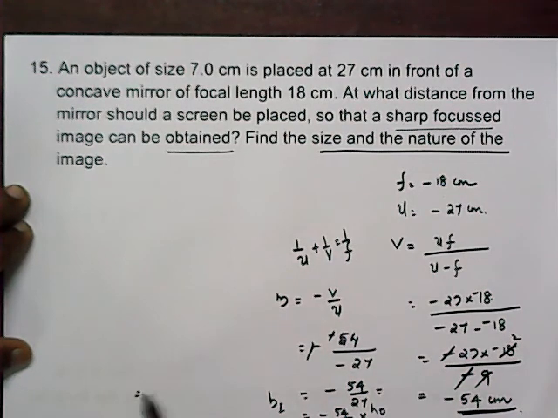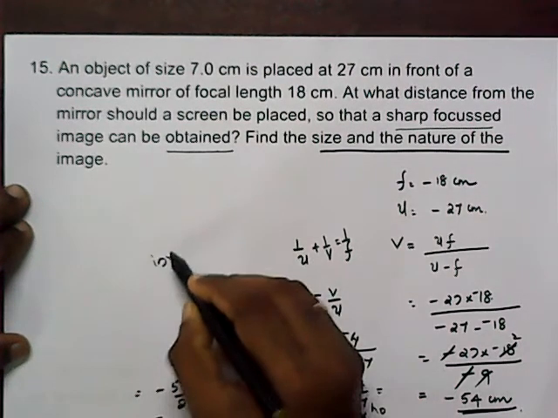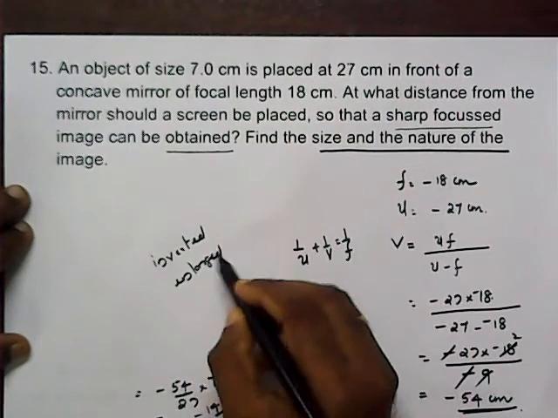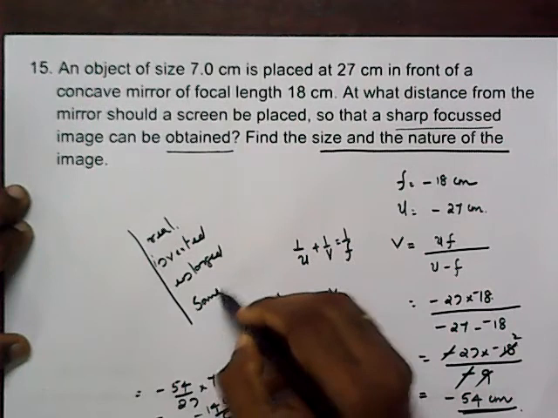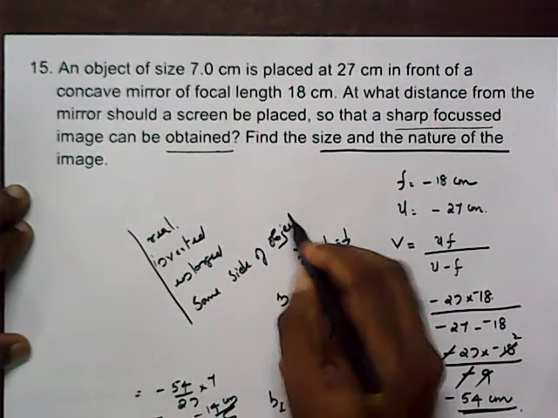So that is minus 54 by 27 into 7. On solving you get the answer, minus 14 centimeter. So why is it negative? We can say it is an inverted, enlarged, real image on the same side of the object. So a good concept.